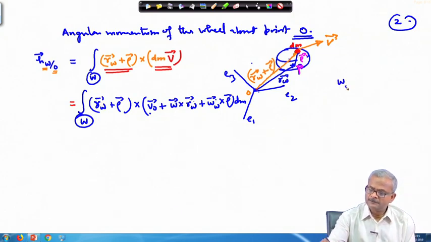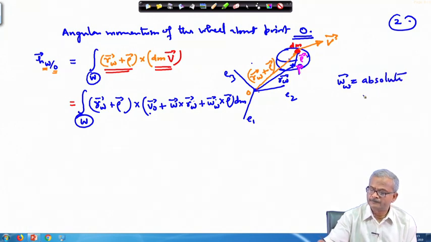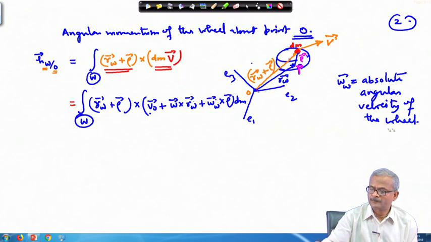So, w is the absolute angular velocity of the wheel.